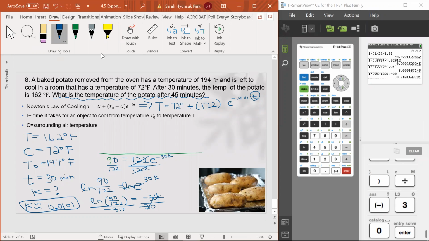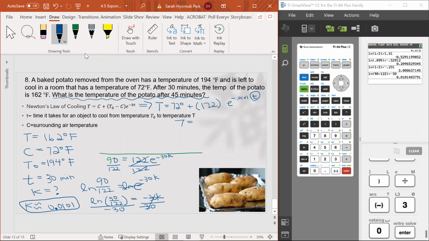And so we get T is equal to, plug in 45 for t, times 45. I tried to squeeze it in there, but it's kind of hard to see. Let me write that better.